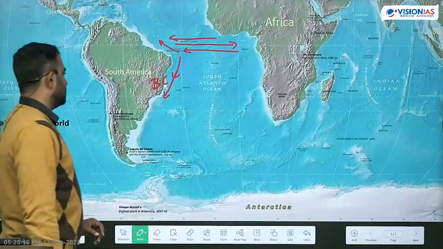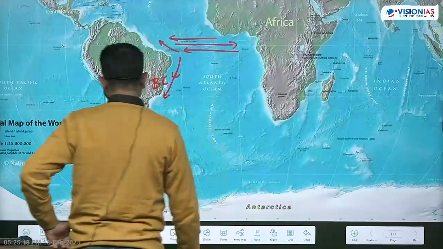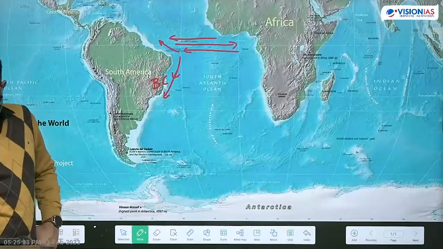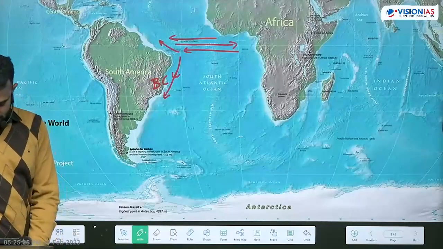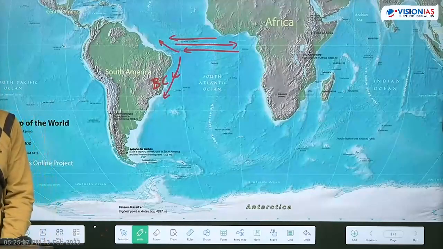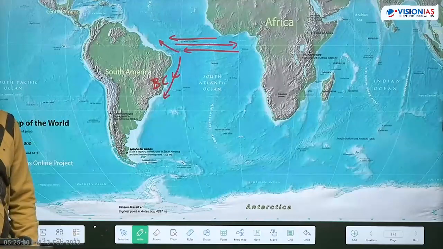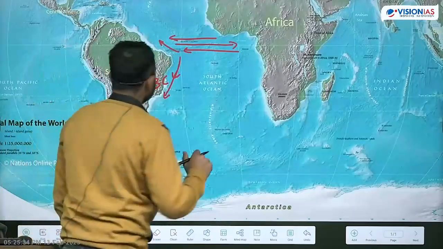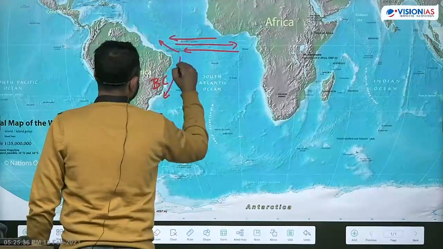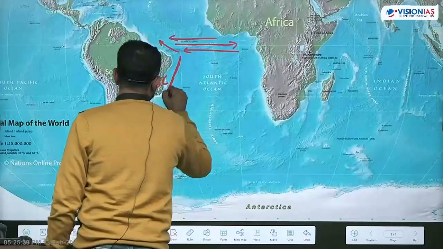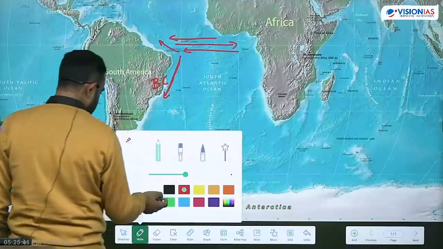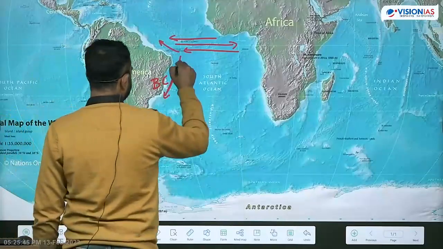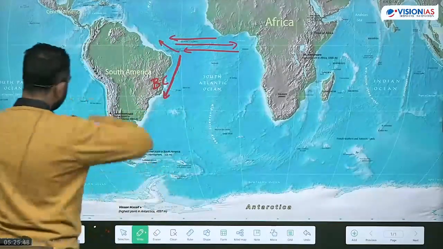It is just the southern part of the south equatorial current. Coming from the equator, it should be a warm current, and it is moving towards the pole, so definitely it is a warm current.